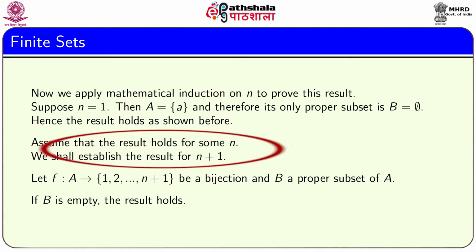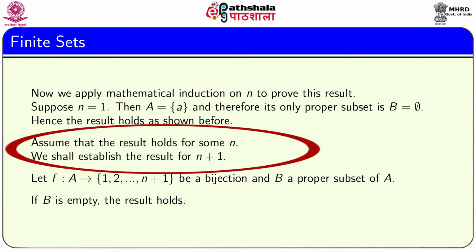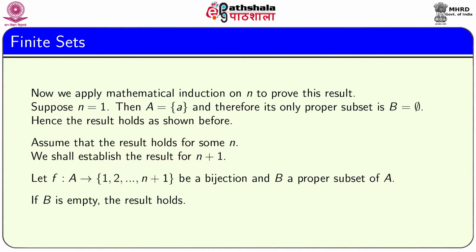Now assume that the result holds for some n. We shall establish the result for n plus 1. Let f from A to the set 1 to n plus 1 be a bijection and B a proper subset of A. If B is empty, the result holds as we have shown earlier.